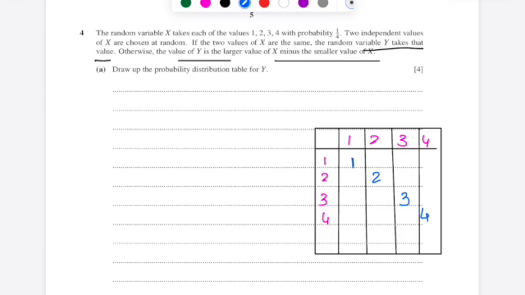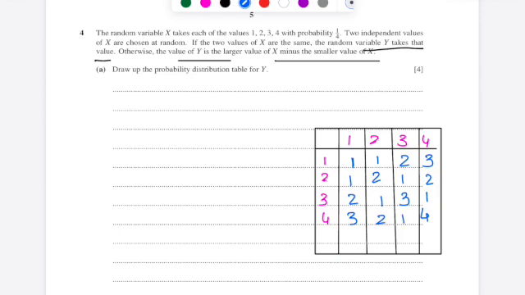Otherwise, the value of y is the larger value minus the smaller value. Then 2 minus 1 is 1, 3 minus 1 is 2, and 3. 2 minus 1 is 1, 3 minus 2 is 1, 4 minus 2 is 2. So it becomes 2, 1, 3, 1, and 3, 2, 1, 4.